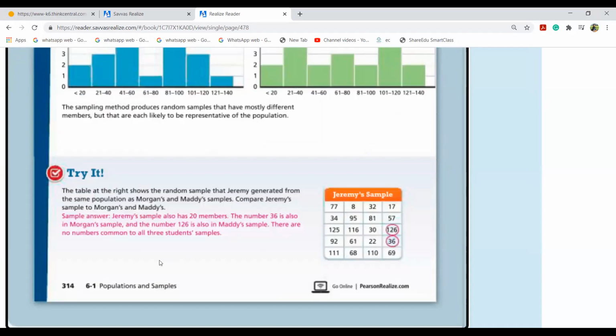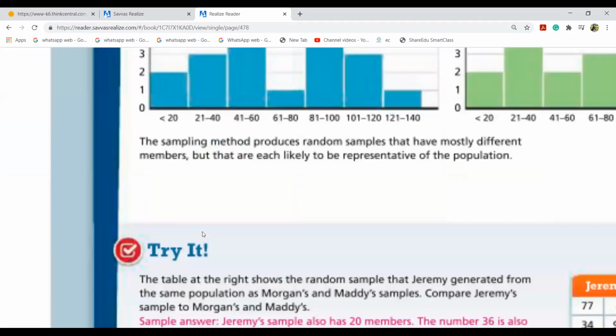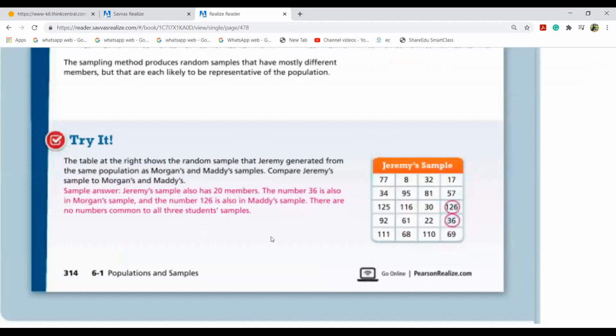Okay. So that's what they say. Jeremy's sample also has 20 members. The number 36 is also in Morgan's sample, and the number 126 is also in Maddie's sample. There are no numbers common to all three student samples. Not even one number is common to all the students.